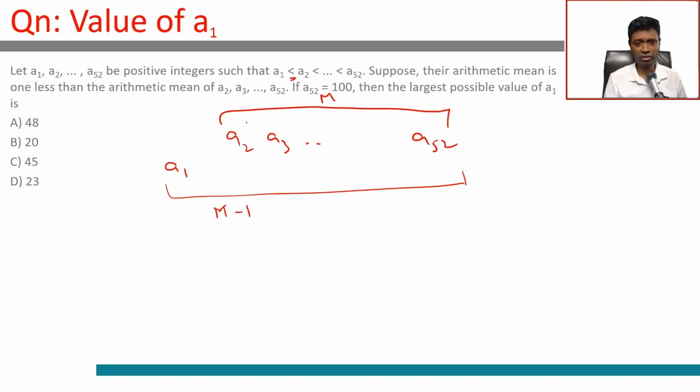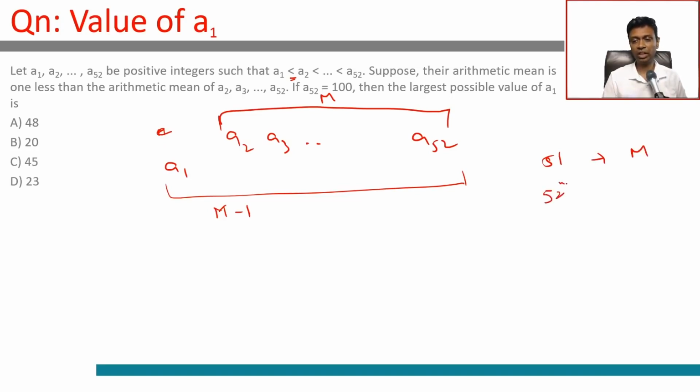So I'm going to think about it like this. a2 to a52, the arithmetic mean is m. a1 comes in. Think about this. If the arithmetic mean of a1 also included to a2 to a52, if a1 is also included, and if that stayed at m, then a1 should have been m. Average of 51 entities is m.